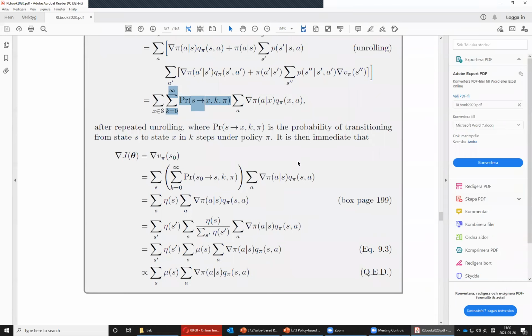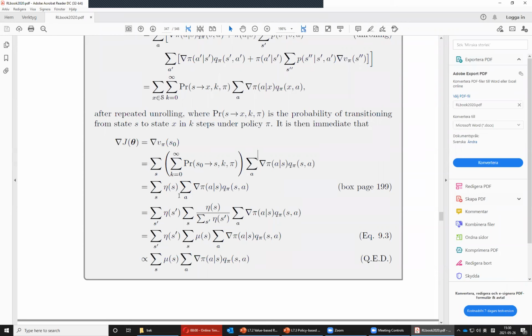And then this derivative can be expressed with the mu, the eta, which denotes this probability distribution, and then you normalize it.